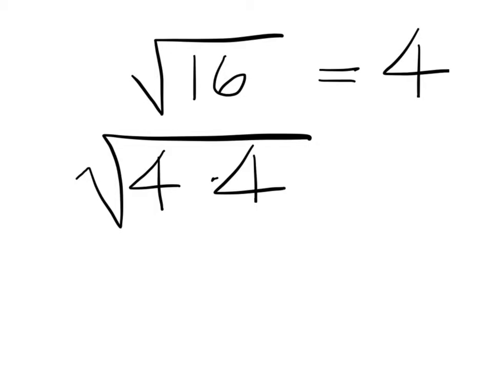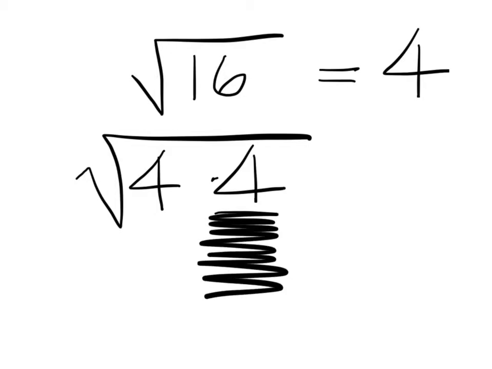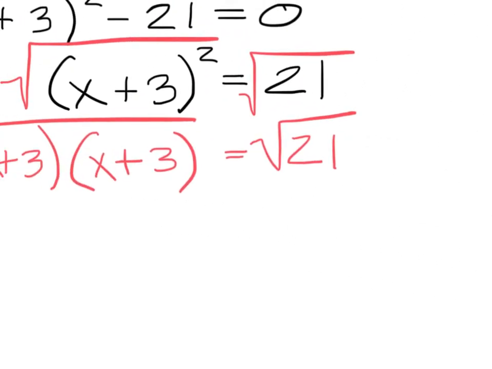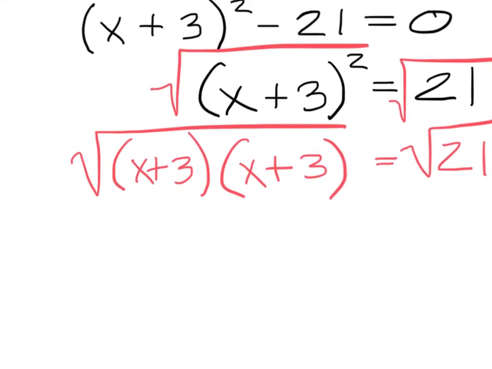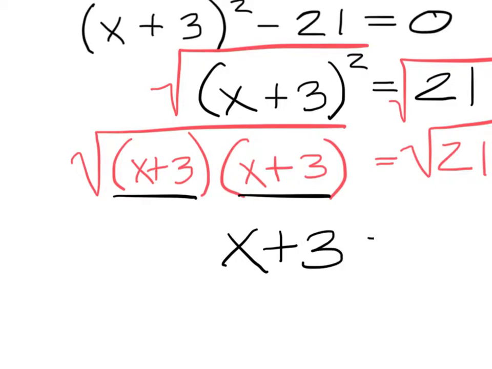In other words, the square root was just one of those items there that I multiply by itself to get 16. So now back over here. If this is broken up as that times itself, and I'm looking for the square root of this, then what is the square root of this? X plus 3. Yes. X plus 3.